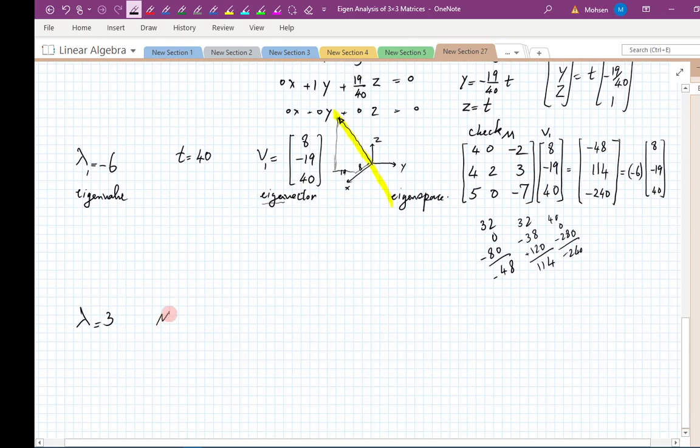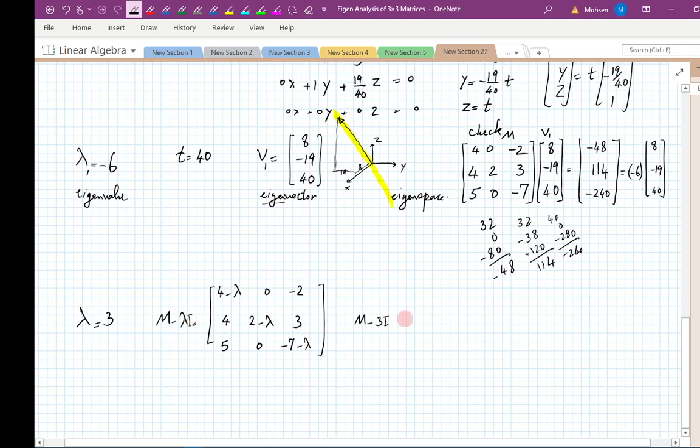So my m minus lambda, remember, was 4 minus lambda, 0, minus 2, 4, 2 minus lambda, 3, 5, 0, minus 7 minus lambda. So m minus 3 times identity is the same.